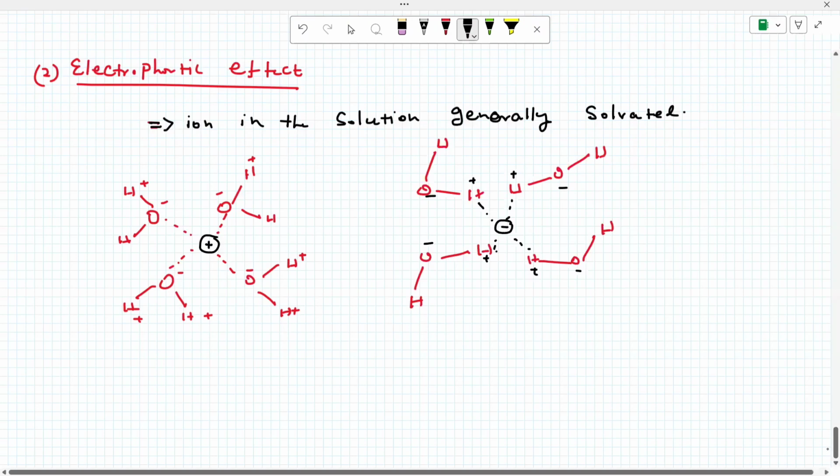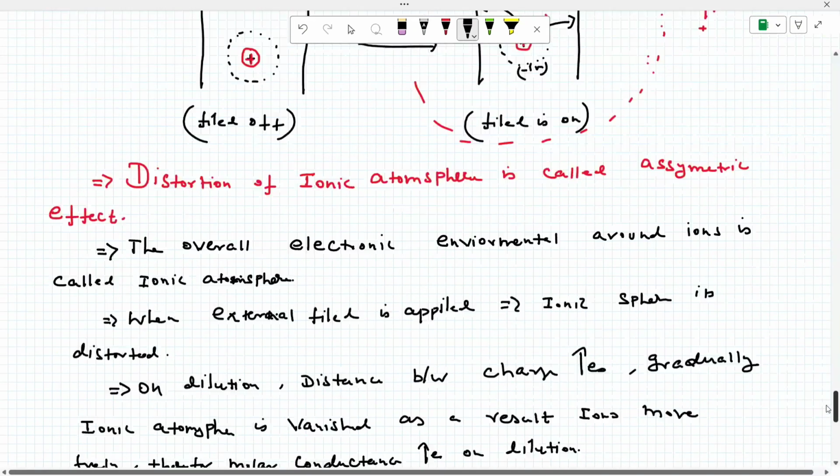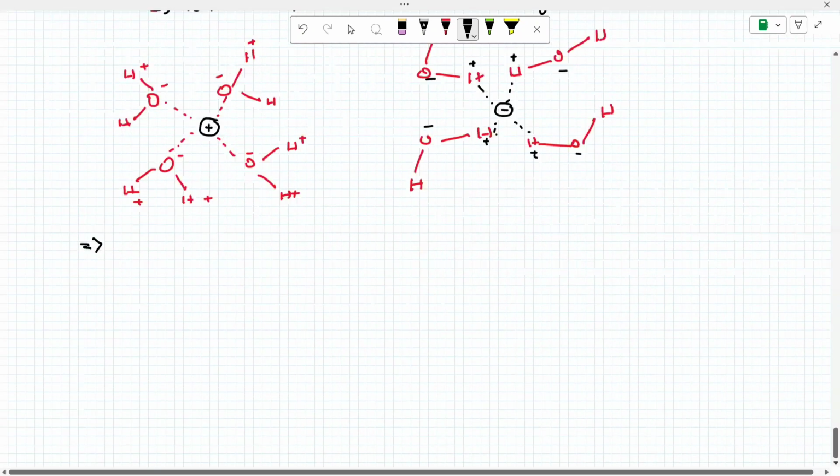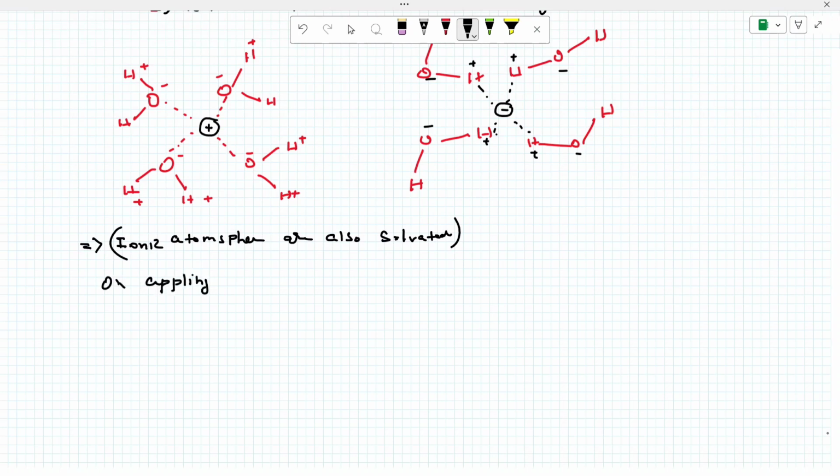Okay. It is generally the same concept. Now the electric field is going to be applied. What is this concept? Now listen. Here also there is an ionic sphere, and this is also an ionic sphere. This ionic sphere is actually solvent. Okay, water molecules. Please note the ionic sphere, the ionic atmosphere, are also solvated. In the first case we generally talk about the sphere; here it is water molecules. Solvated, same. If on applying the external potential, on applying the electric field, they move in the opposite direction.